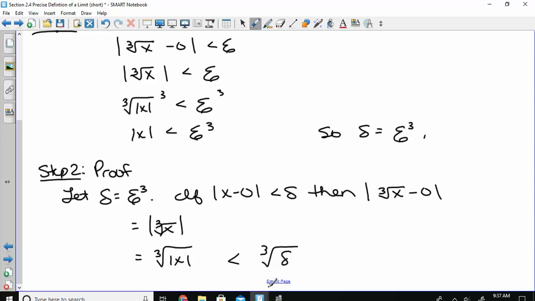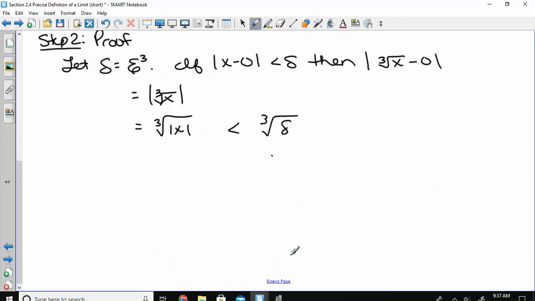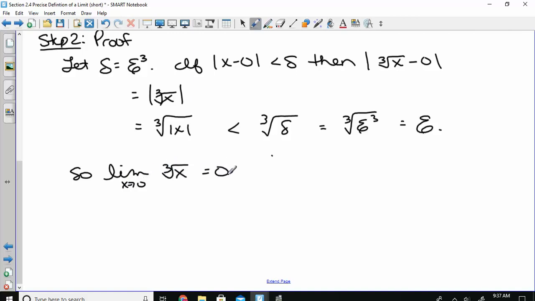So since that was less than delta, this would be less than the cube root of delta. So I've got my less than. Now I need my epsilon. Delta is epsilon cubed, so that's the cube root of epsilon cubed, which is epsilon. That's what we were trying to prove.